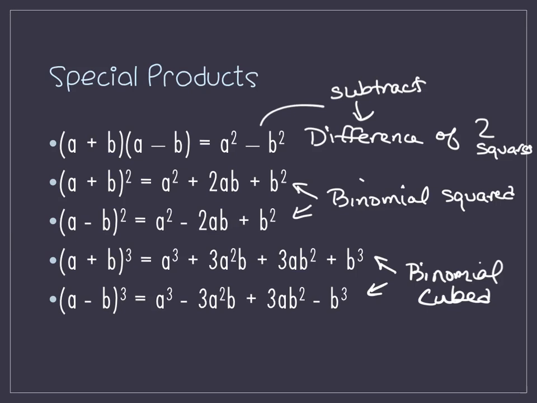So some students like to memorize the patterns. Again, you don't have to, you could just FOIL or distribute. These cubes, we could also use Pascal's triangle. But it's beneficial if you memorize the patterns. So let's try some examples of these special products.